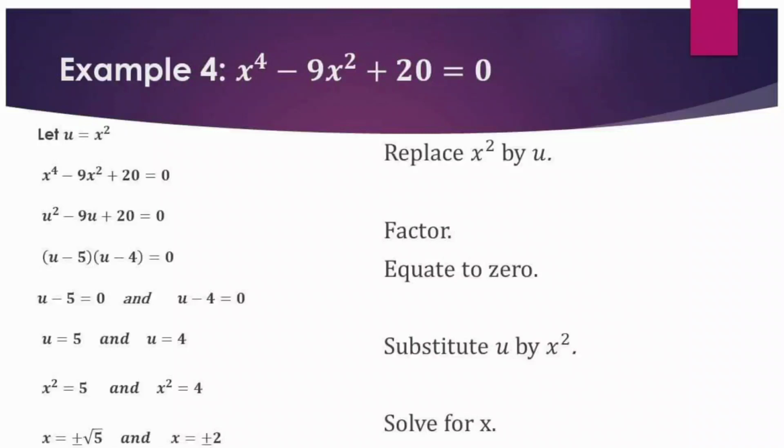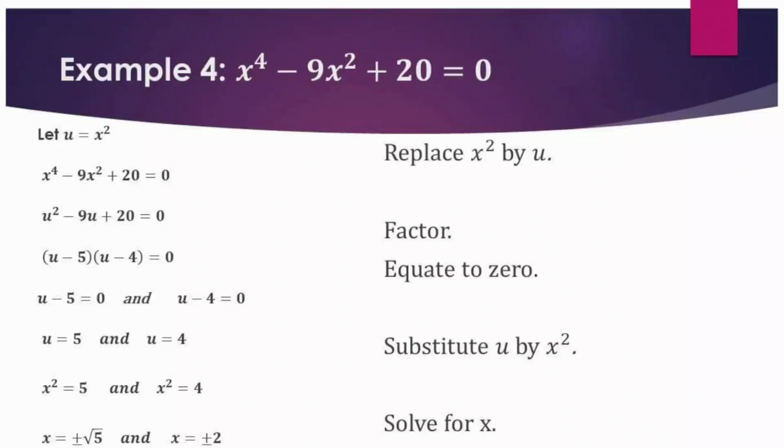We factor out this new generated quadratic equation in terms of u. We have u minus 5 times u minus 4 equals 0. After equating them to 0, we can simply solve u minus 5 equals 0 as u equals 5 and u minus 4 equals 0 is u equals 4.